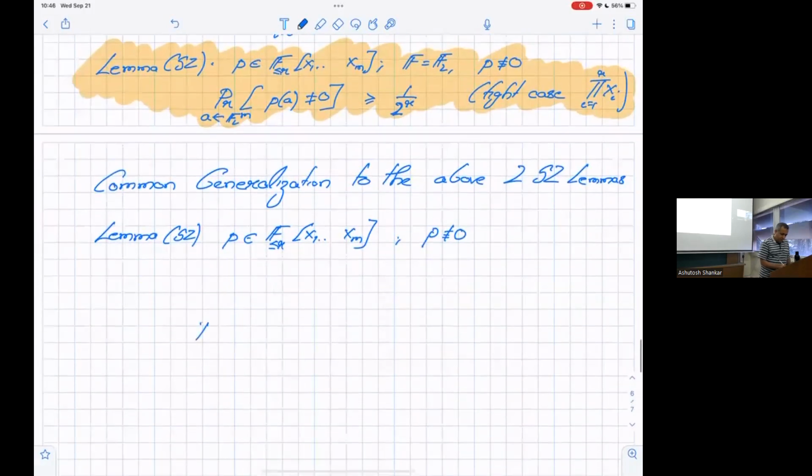And I'm interested in the probability that P(a) is not equal to 0 when I pick a random point in F_q^n. Put a bound on this. The way I stated it would seem as if I hooked up an interpolation between the two ends, but it's actually a very natural system.